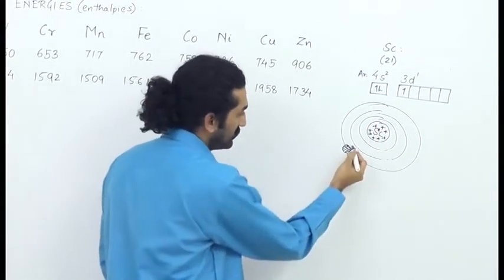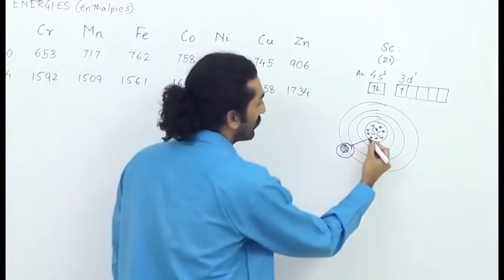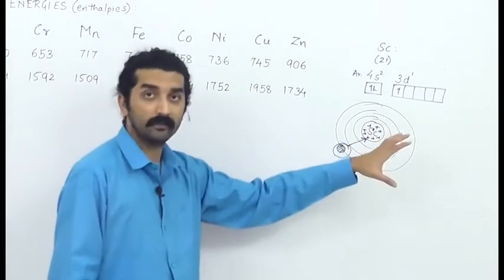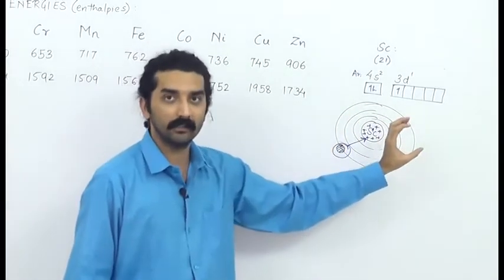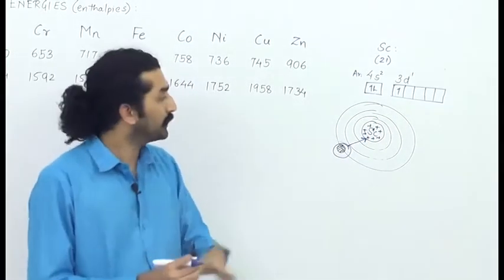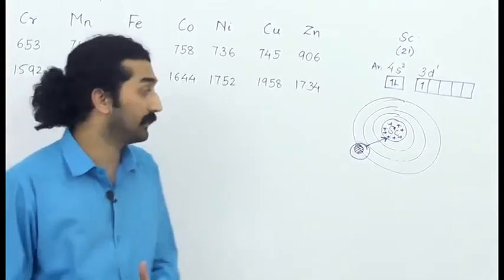But this electron which is going to get eliminated now has more attraction from the nucleus, because the number of protons has increased. Since the attraction increases, it is relatively more difficult to remove that electron, right?